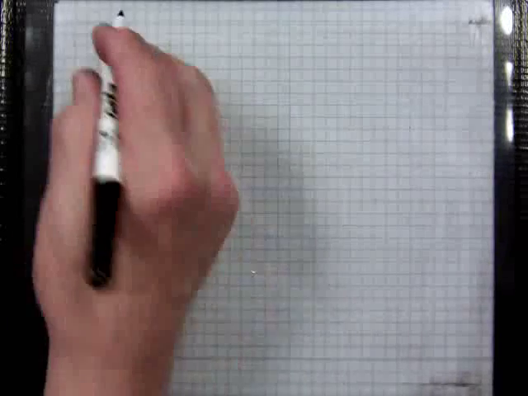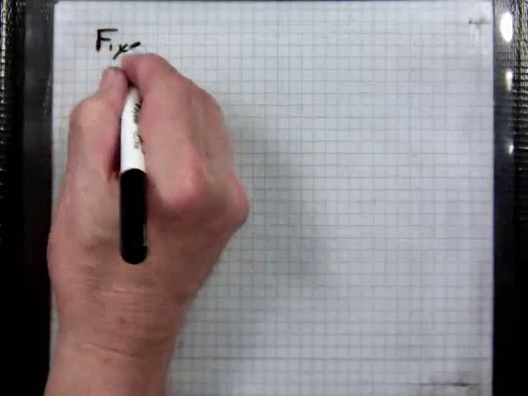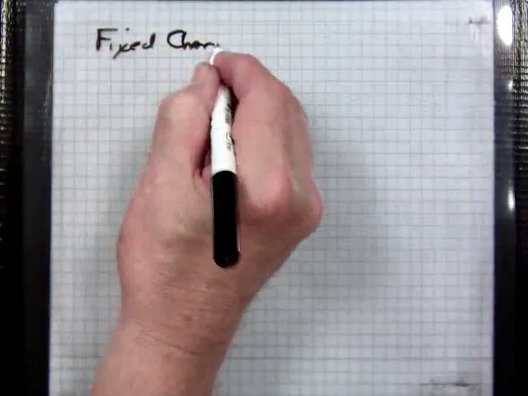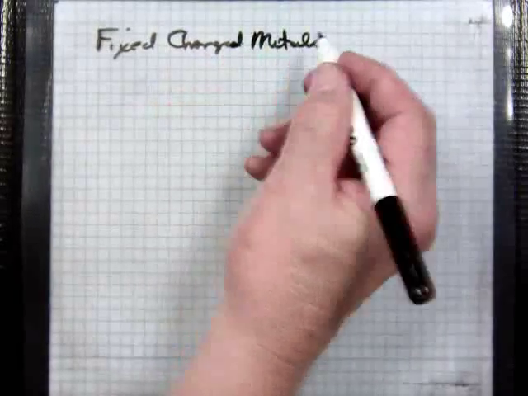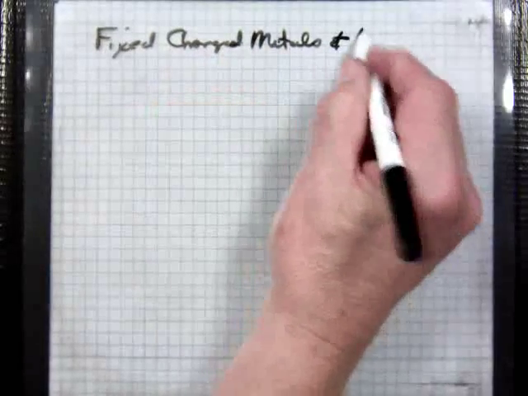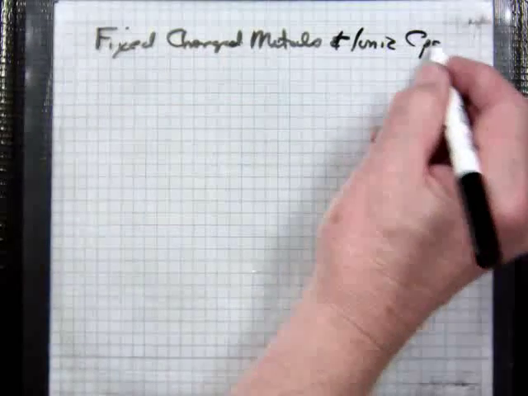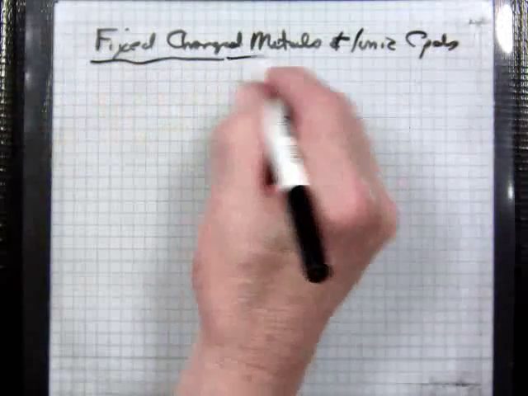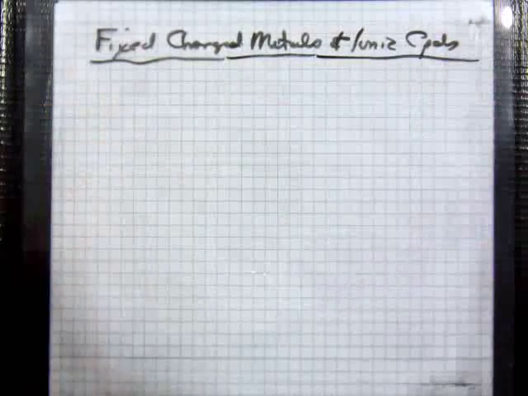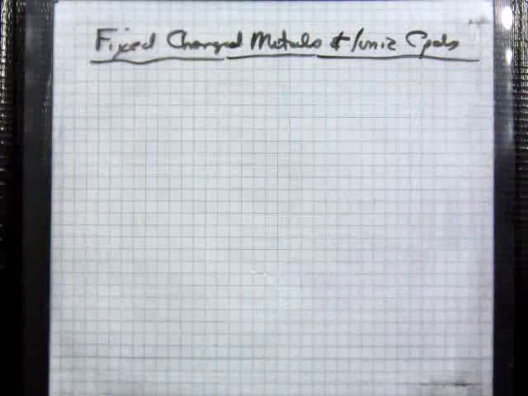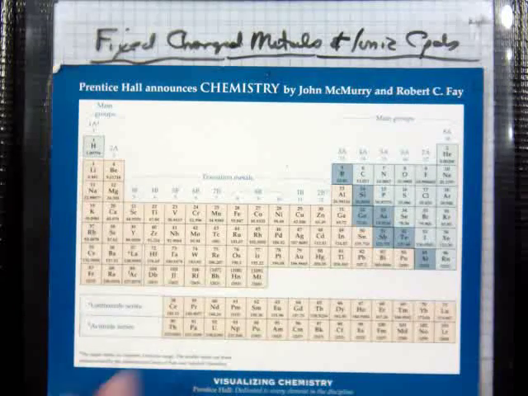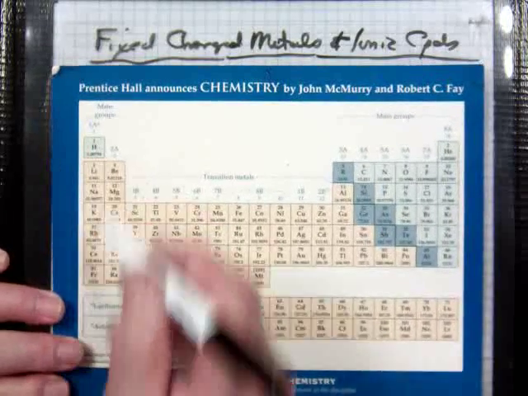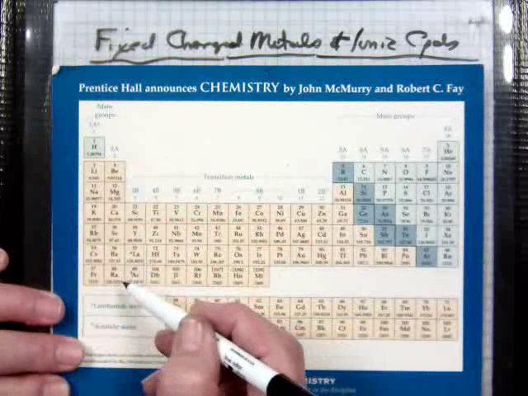Okay, let's work with the fixed charge two-word names. Again, if you need the fixed charge, remember group 1 and group 2 are plus 1 and plus 2 respectively.